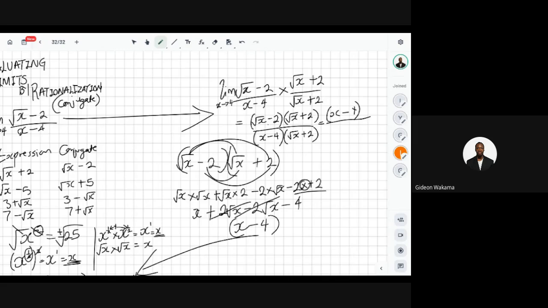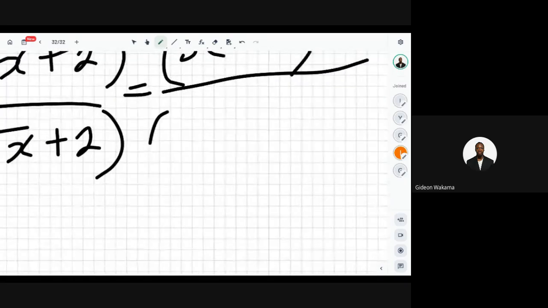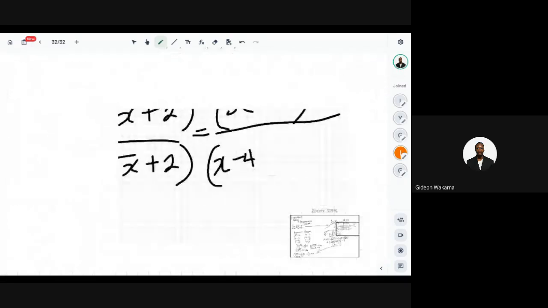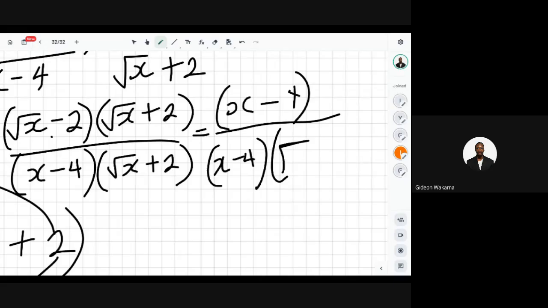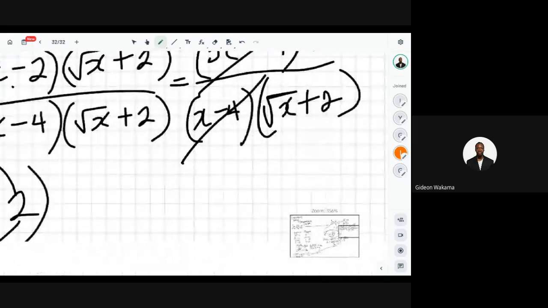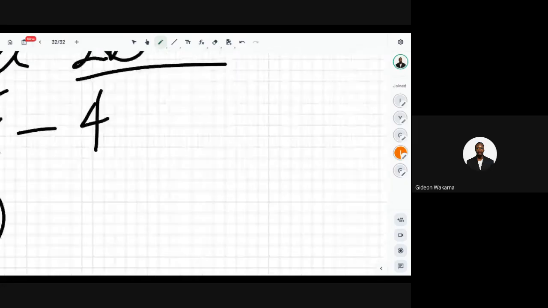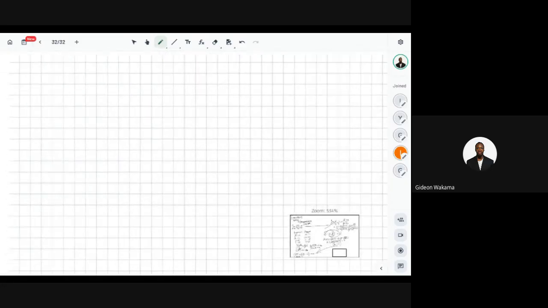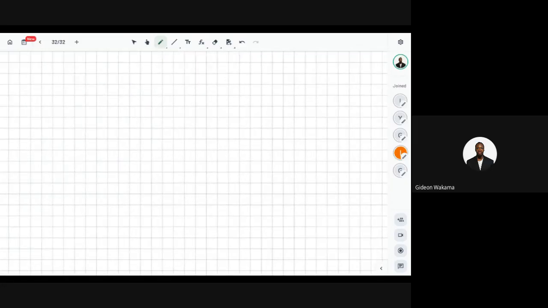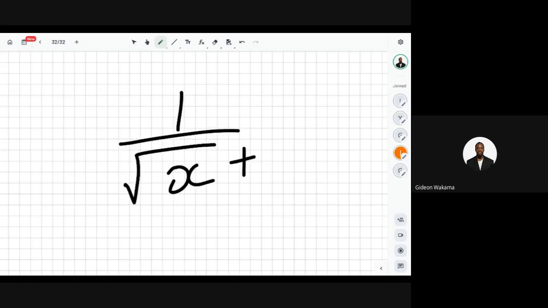So for this one now, we have x minus 4, right? We're left with x minus 4 times x plus 2. X minus 4 cancels out, so this is 1. Let's continue down here. So we have the limit to be 1 over square root of x plus 2.